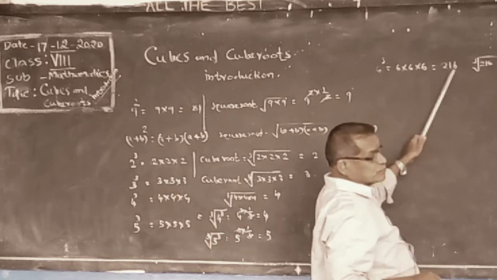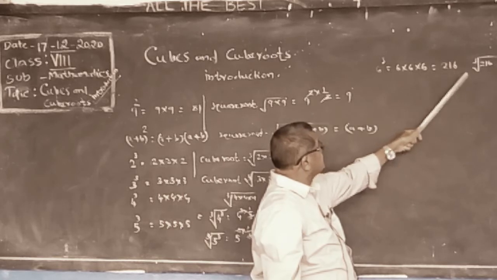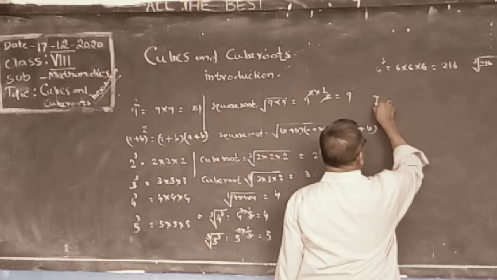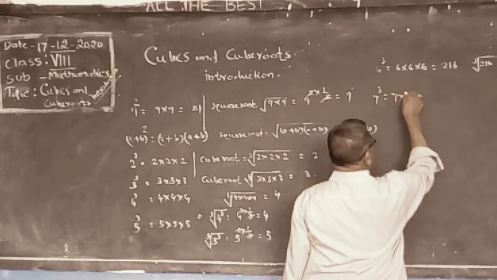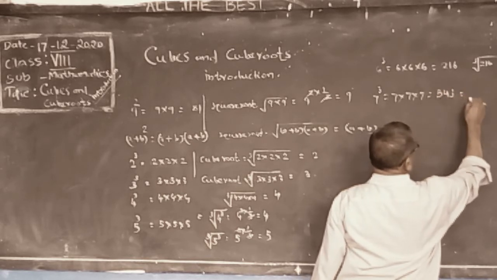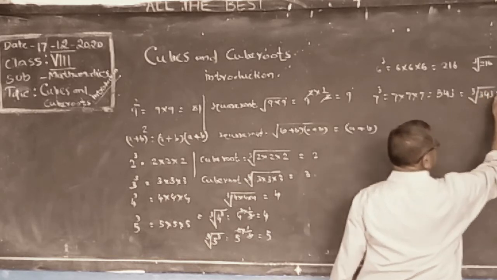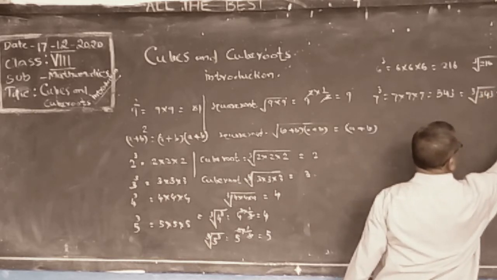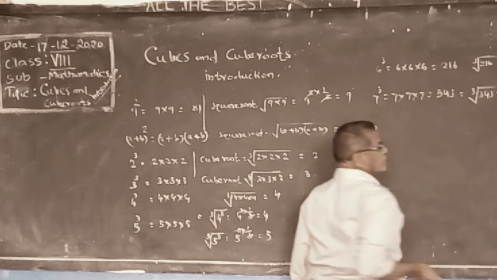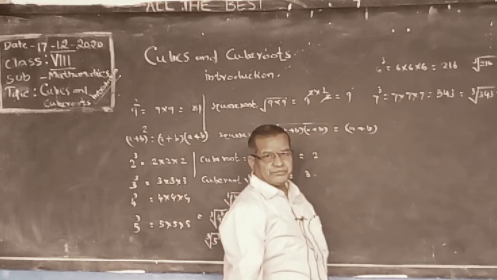This is a cube number, 6 cube is 216. Similarly, 7 cube, 7 into 7 into 7, that is 343. The cube root of 343 can be written as 7 cube into 1 by 3. The 3s cancel, we get 7. Or, for every 3 numbers, take 1 in the cube root.